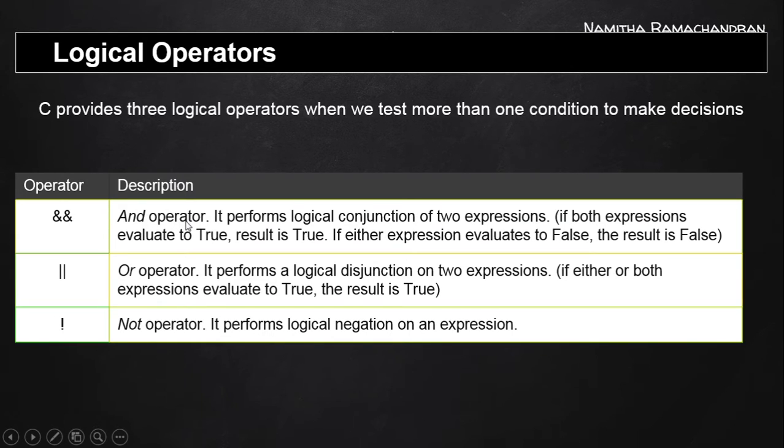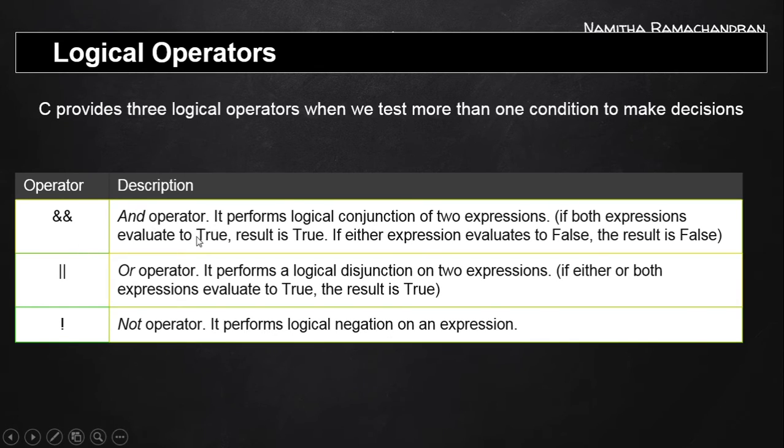The logical AND operator performs the logical conjunction of two expressions, two condition checking statements. If both expressions evaluate to true, then only does this logical AND operation return a true value. If either expression evaluates to false, then the result of this logical AND operation also becomes false. Got the meaning?